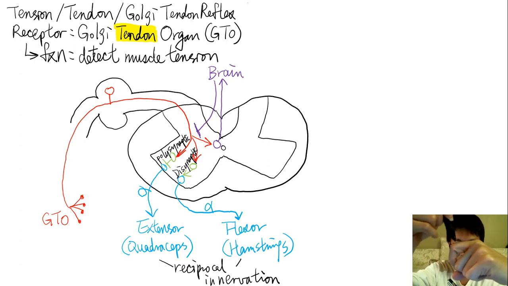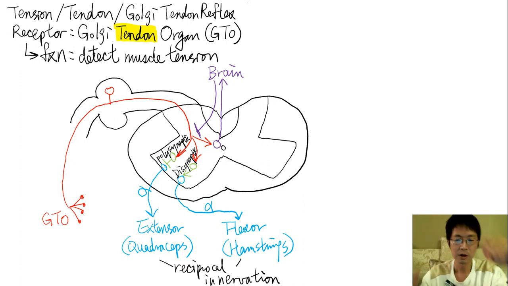And we don't want the quadricep muscle to stretch and cause any damage to itself. So what do we do? We have the inhibition. We send the inhibitory signal through this circuitry here. We inhibit the quadricep so that the quadricep relaxes, so that you will stop stretching the quadricep muscle. So that's the whole point.